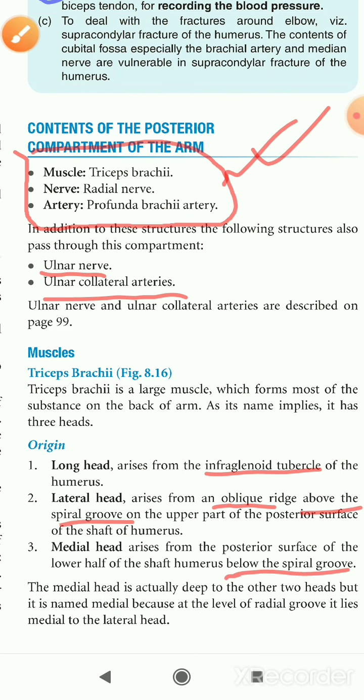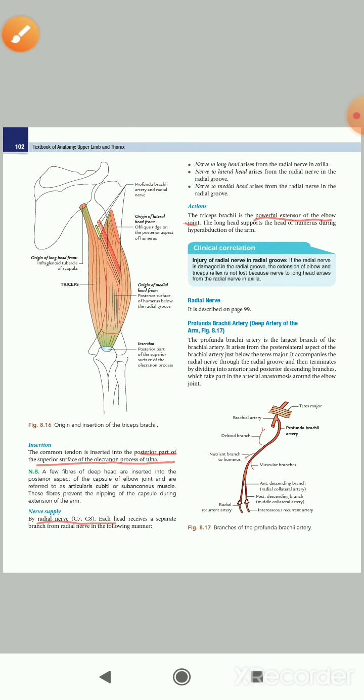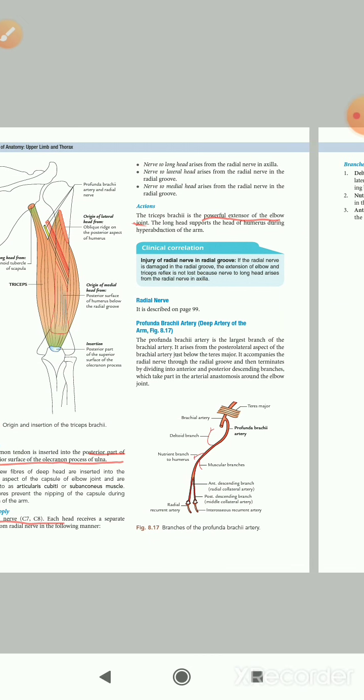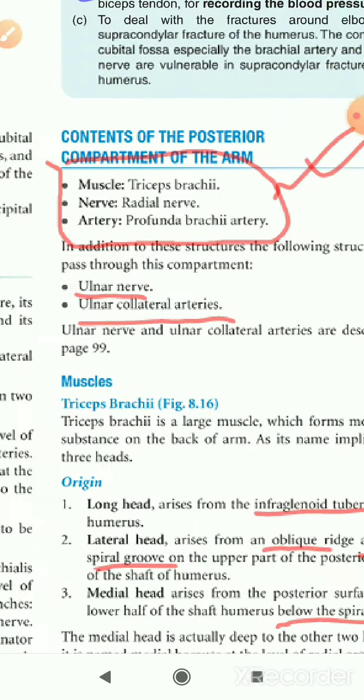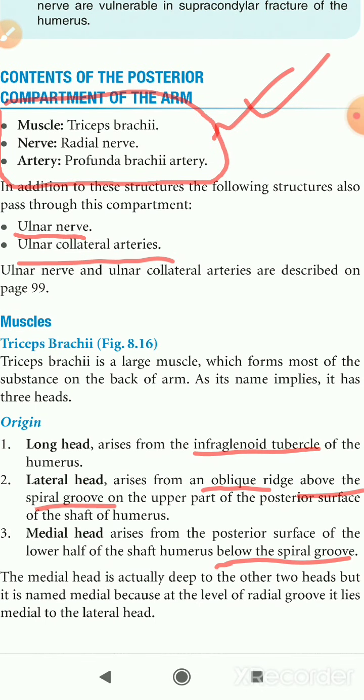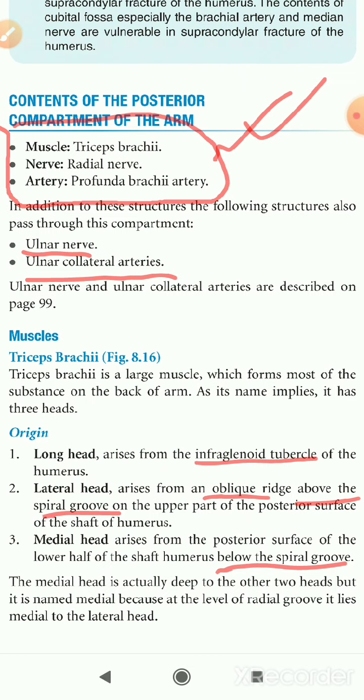Now let's learn about the triceps brachii muscle. Ceps means head and tri means three. That means this muscle has three heads. So it originates via three heads: long head, lateral head, and medial head.